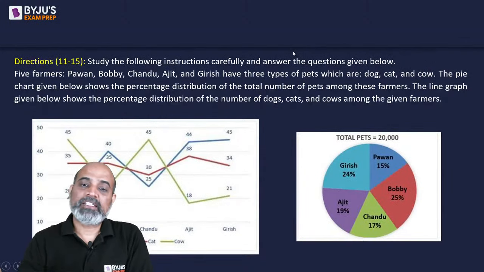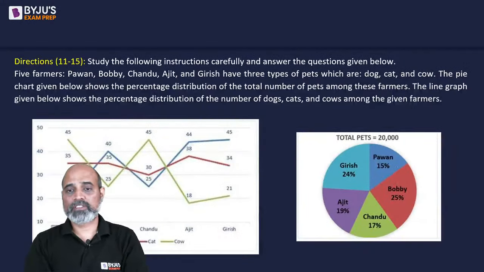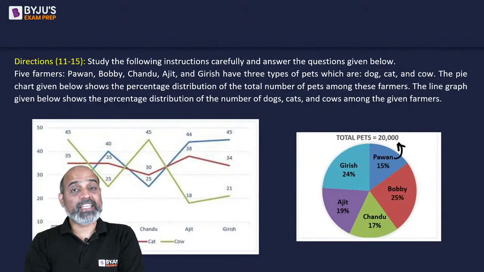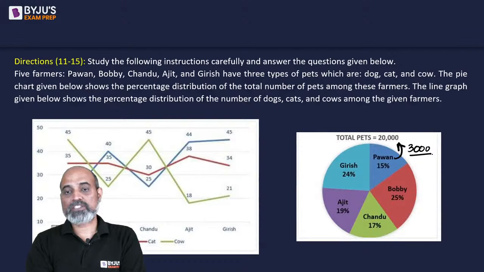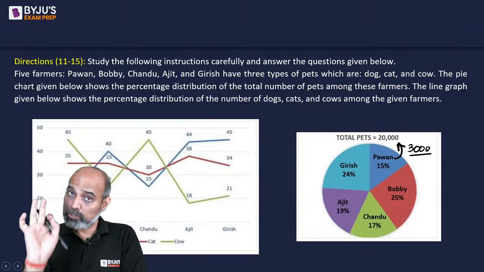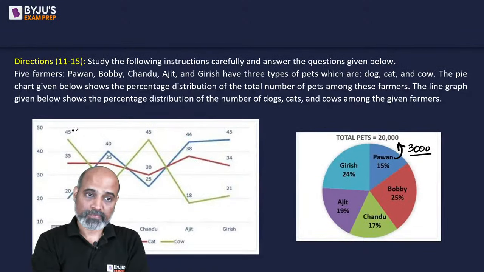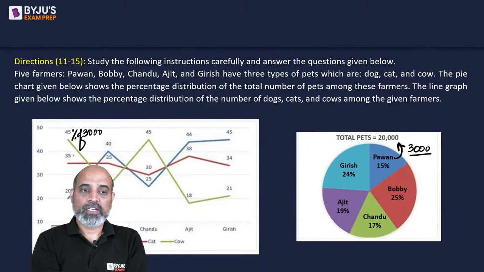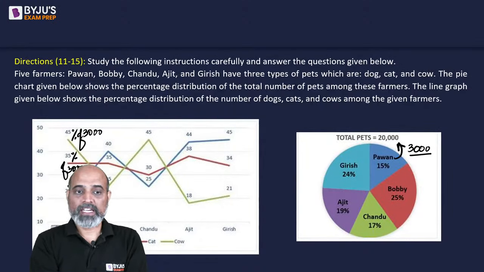So total pets, let's understand what this is. So total pets 20,000. 15% of 20,000, which is going to be 3,000. So Pawan has total 3,000 pets. Us 3,000 ka 45% of 3,000 is cow, 35% of 3,000 is cat, red color, and 20% of 3,000 is going to be dog.